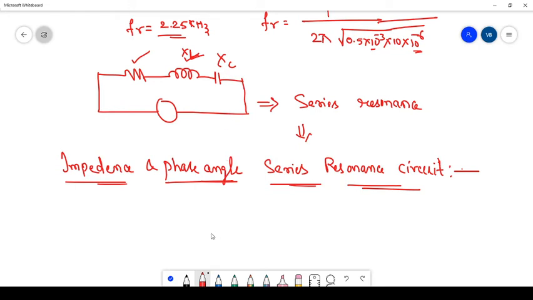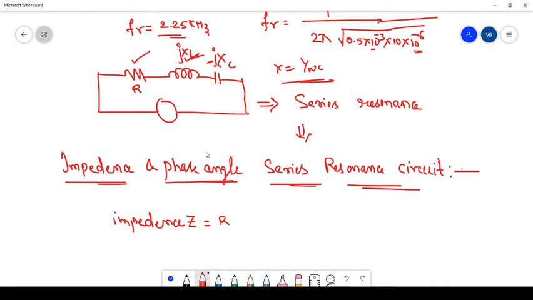That becomes the total impedance of the circuit. So we can write Z equals R, the resistance, plus jXL, the reactance component of the inductor, minus jXC. We already know XC is 1 by omega C, which is inversely proportional, so we always take negative jXC.